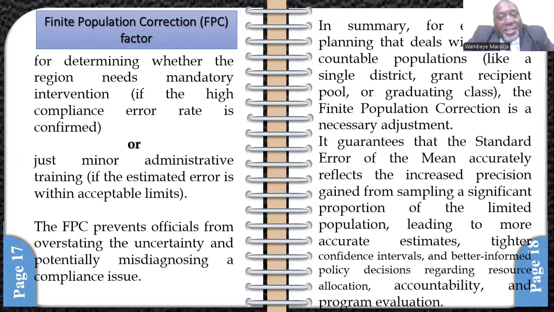It guarantees that the standard error of the mean accurately reflects the increased precision gained from sampling a significant proportion of the limited population, leading to a more accurate estimate, tighter confidence intervals, and better informed policy decisions regarding resource allocation, accountability, and program evaluations.